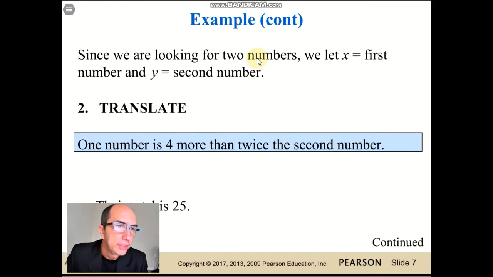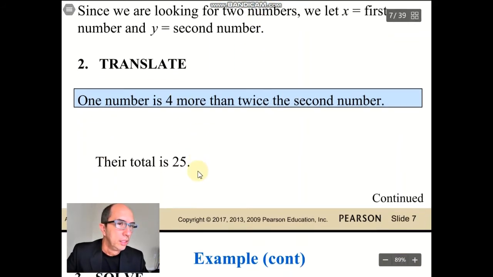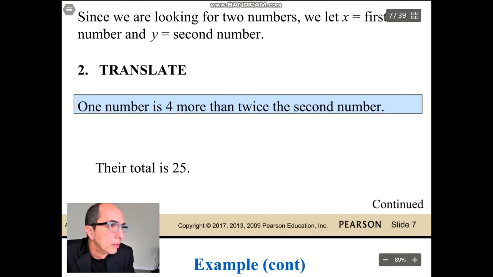Next step, translate. Now you understood the problem, you know how to explain the problem with your own words. Now translate into math. One number is 4 more than twice the second number. So one number x equals 4 more than twice the second number, and the second number is y.